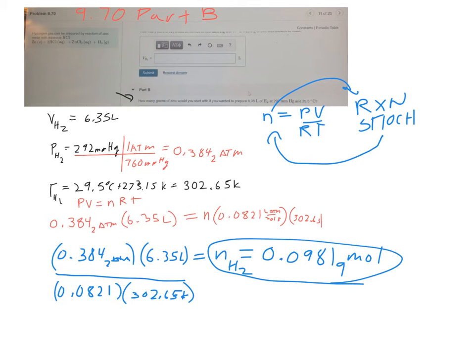It always is one of those two methods. In this case, we're solving for our number of moles, and we're going into the reaction.